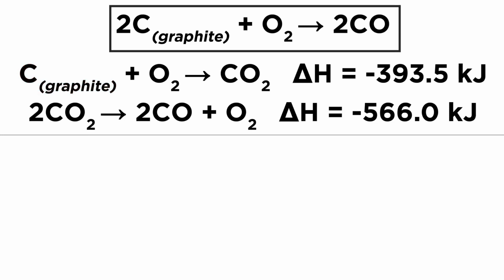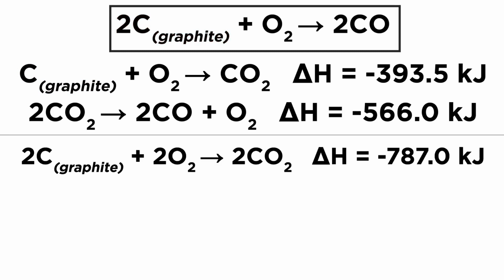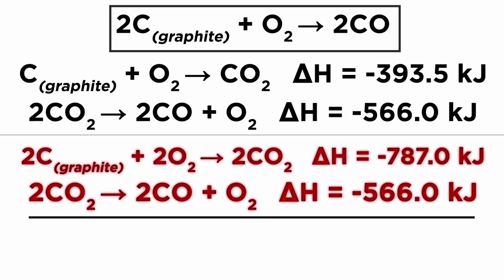But the equation we want has 2 moles of graphite, so let's double this one. We get 2 moles of everything instead of 1, and we double the delta H. Next, this other one has CO on the right, where we want it, and in the right amount. So all we need to do is add these equations together.